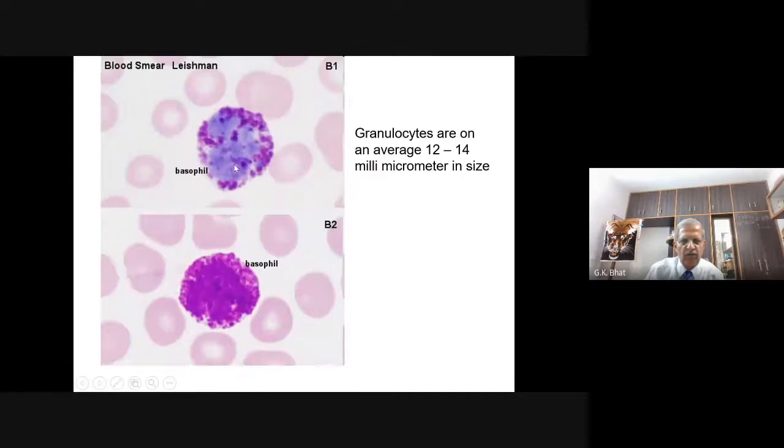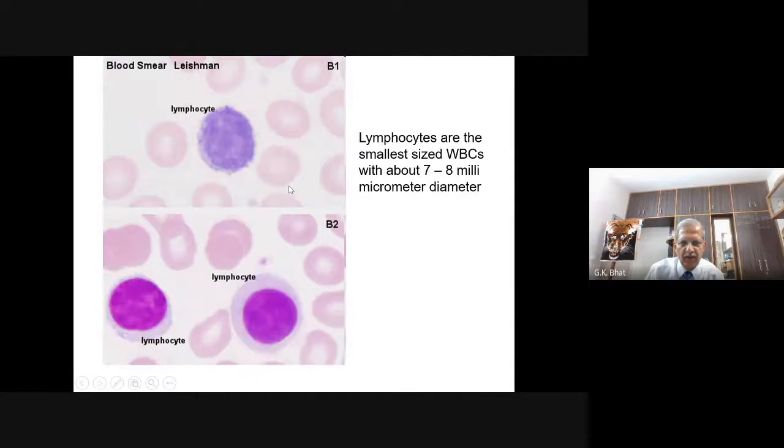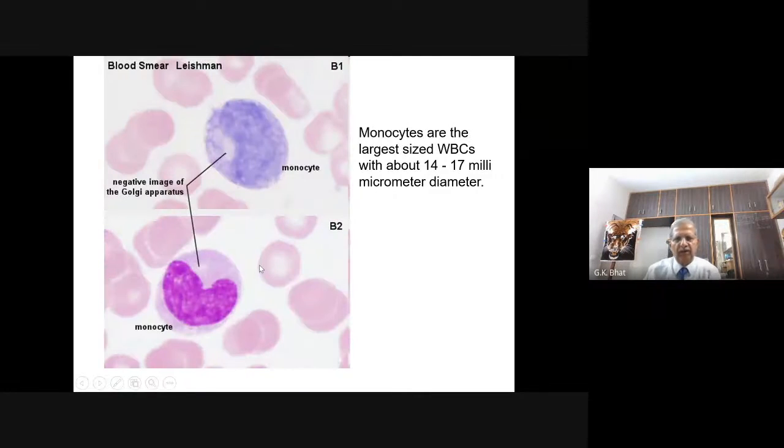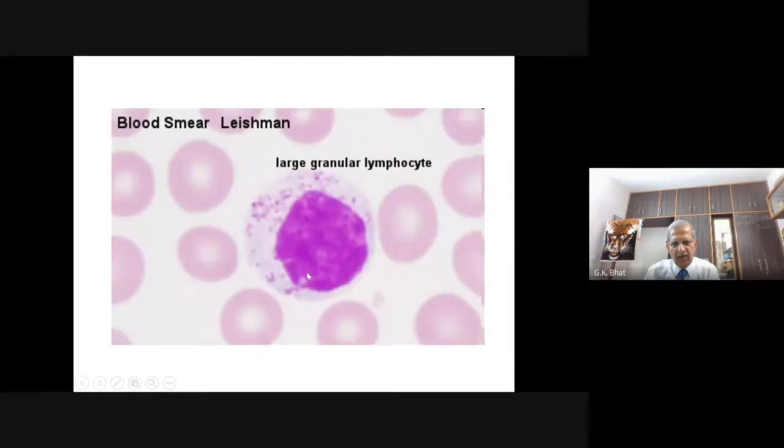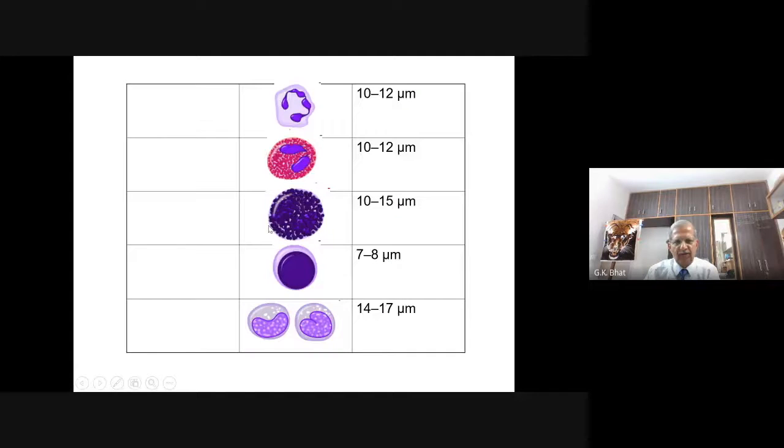And this is a somewhat S-shaped nucleus of a basophil, right? And this is the lymphocyte, right? Now, if you look further, this is the monocyte with the bean-shaped nucleus. Bean-shaped nucleus. Look here, granular lymphocyte.